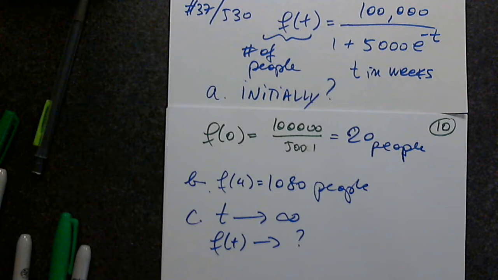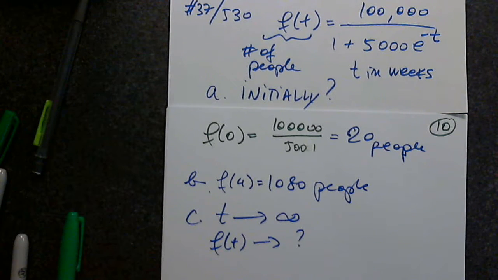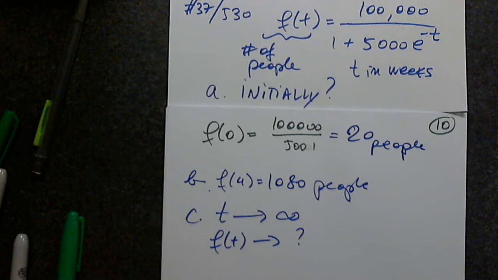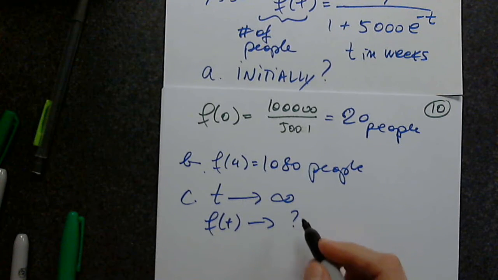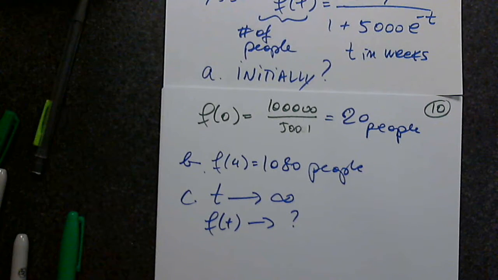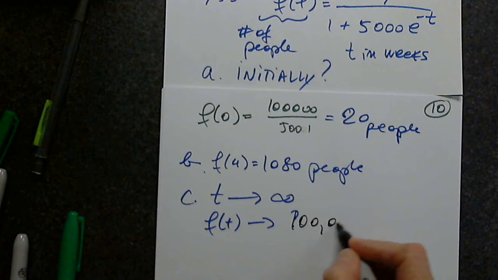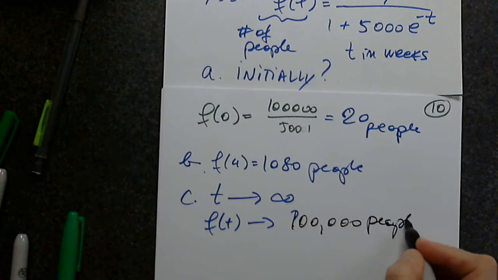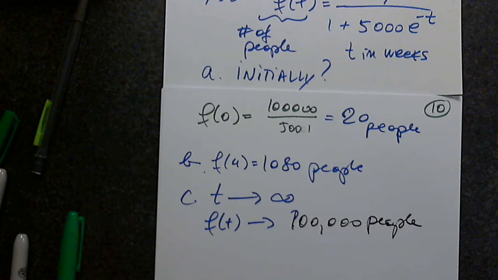So how many can they get sick? The maximum is 100,000. That's the size of the city or the population. What was your initial question? What is the limiting size of the population that becomes ill? So this is the logistic growth model.